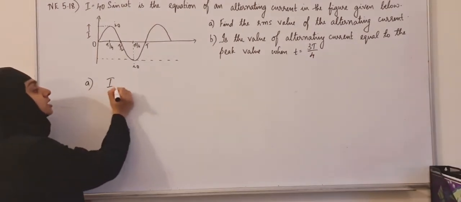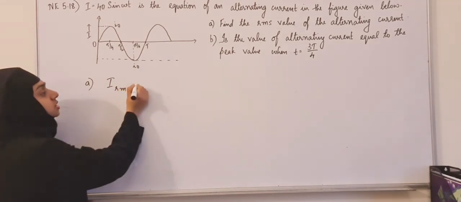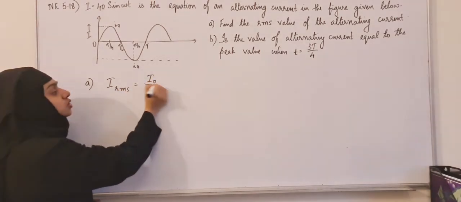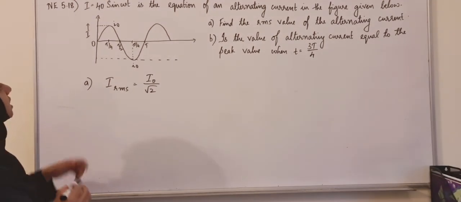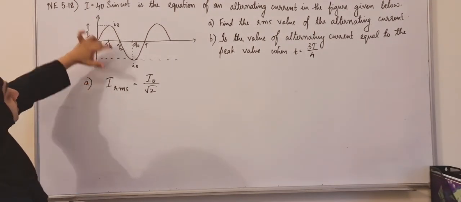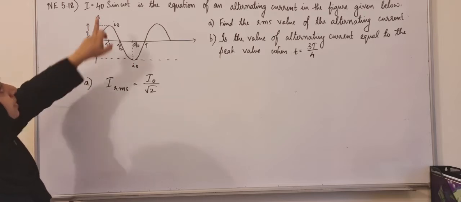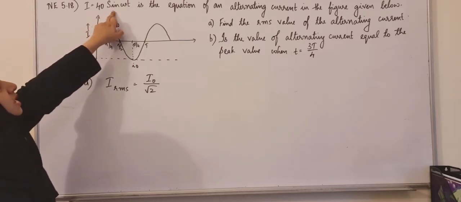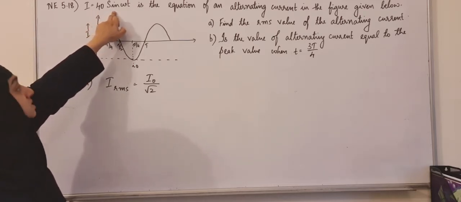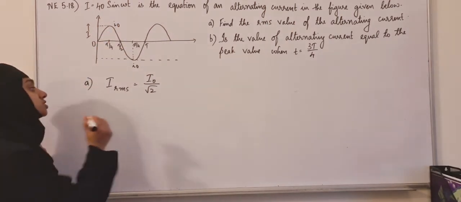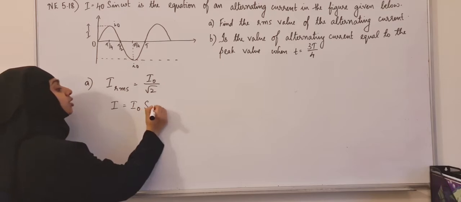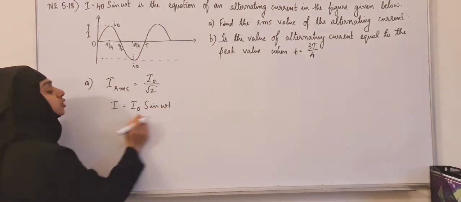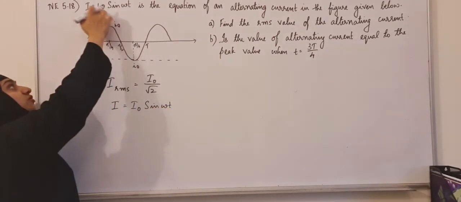We know that the RMS value of current is equal to peak value divided by root 2. Now, from where will we get the peak value? It's not mentioned in the graph, but seeing the equation, which is comparable with the equation of current, I is equal to I naught sine omega t, we can know that I naught is equal to 40.